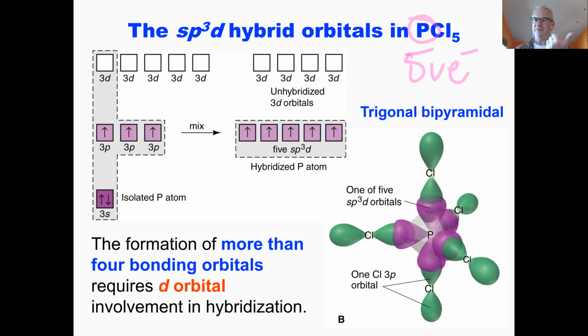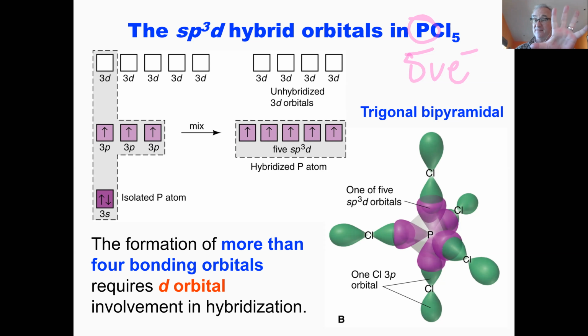Well, nitrogen ends at 2s, 2p, that's it. It doesn't have any more orbitals, doesn't have any place to put any more electrons. Phosphorus is up in the 3rd shell, where there are s, p and d. So it has access to these different orbitals.